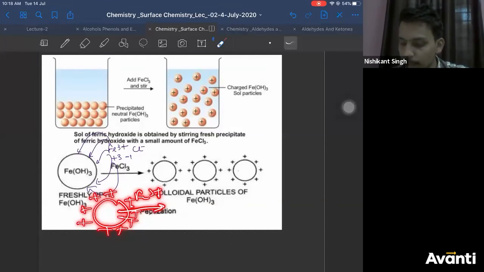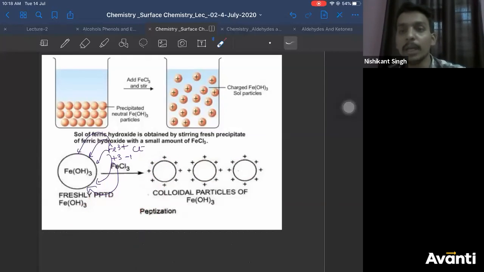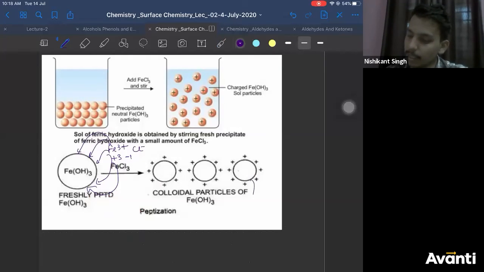And when they pull the precipitate towards outside, the precipitate will break into smaller particles. And these particles will have size in colloidal range. Right? Is that clear, everyone?